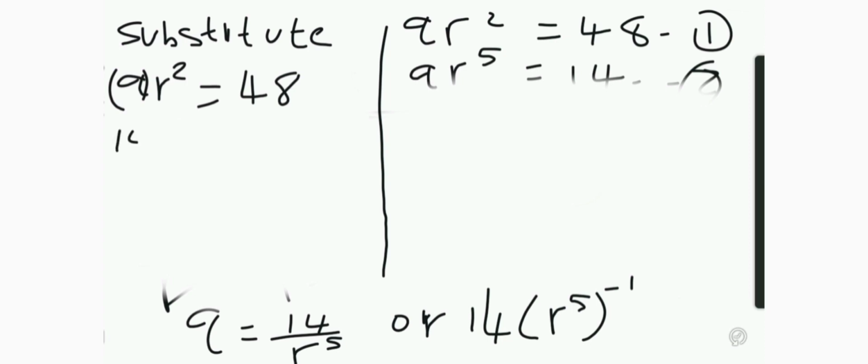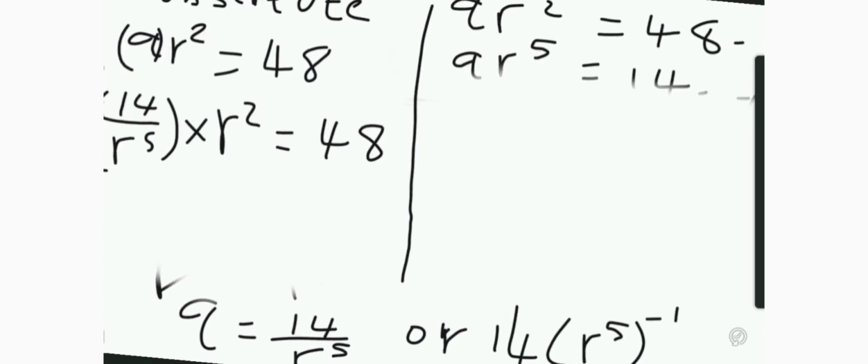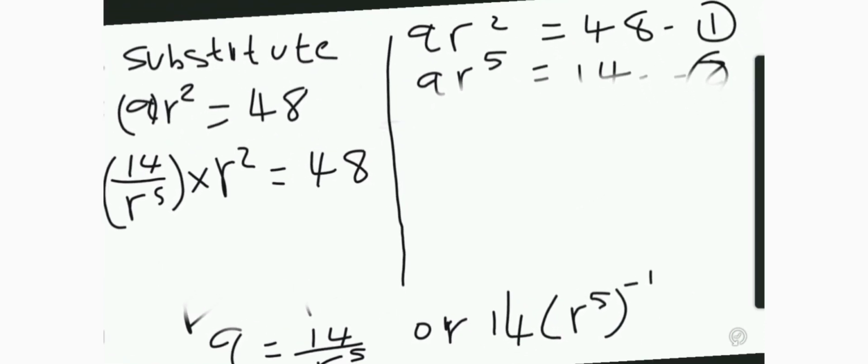I will bracket this a now. Remember that a is now equal to what? 14 all over r^5, times r^2 equals 48. Remember we have r^5 and we have times r^2. So 14 times r^2 over r^5.